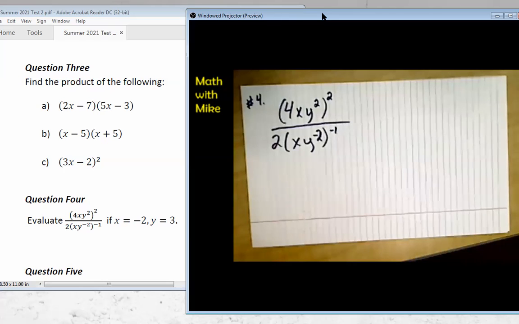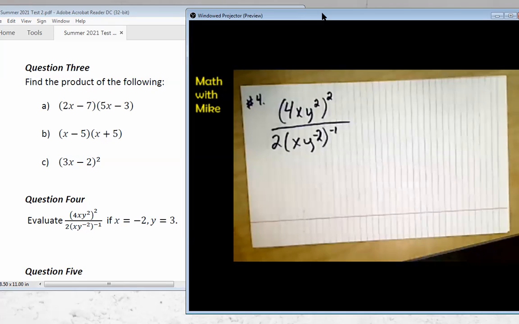Okay, so you could put the numbers in right away if you're careful with your brackets and such. Or you could simplify this with some algebra first and then put the numbers in afterwards.